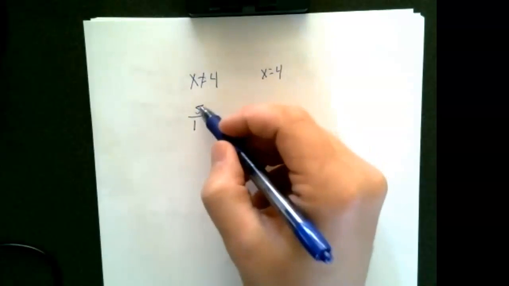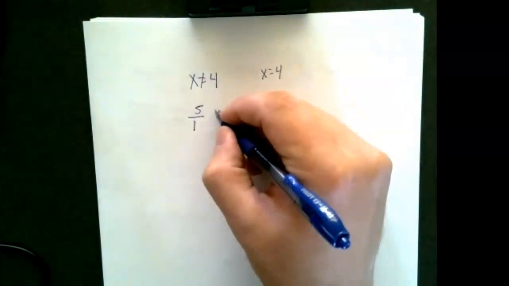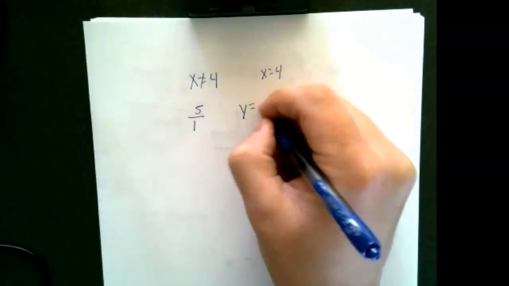Once again, that's just taking the coefficients of the leading term. We started with 5x plus 10 over x minus 4. Since they're both to the first power, we take our two coefficients, this 5 and this 1, and we divide them to figure out where our horizontal asymptote is. So we have a horizontal asymptote at y equals 5.